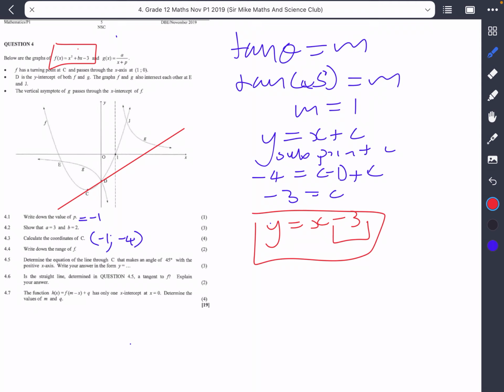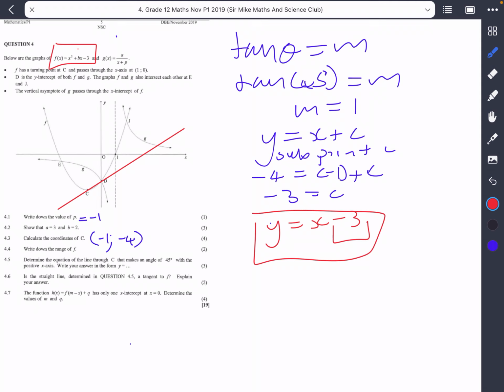So for 4.6, they said, is this straight line determined in question 4.5 a tangent to f? Explain your answer. Now, that's not a tangent. Why? Because we know that the line that we have there passes through points C and D. They mentioned that the line is passing through point C, right?